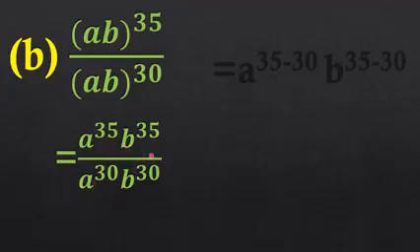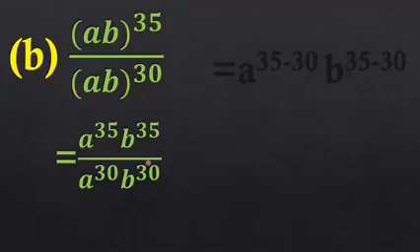Now, the rule here, when simplifying, magsasubtract lamang tayo ng exponent ng magkaparehong base. That means, we will subtract the exponent of A na nasa numerator with respect to A na nasa denominator. We cannot simplify, or we cannot combine A raised to 35 and B raised to 30. It's a no-no. Kasi magkaiba sila ng variable.